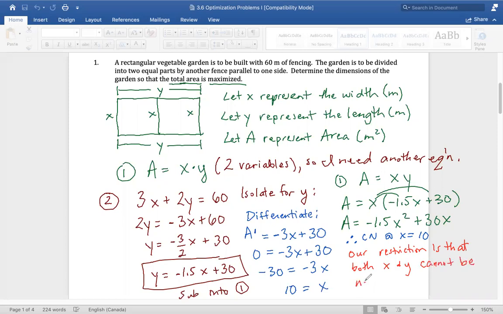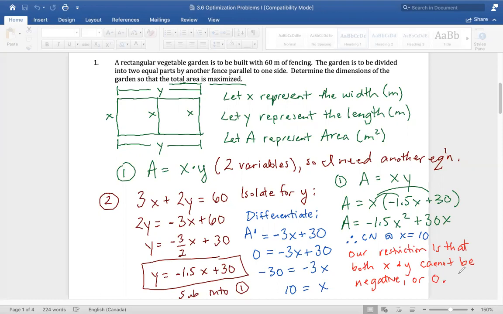But also, if we think about that a little bit further, not just negative, but can I have a width of 0? No, right? Then you wouldn't have a shape. Can I have a length of 0? That wouldn't work, right? So negative or 0, they have to be positive values. X and Y have to actually be positive numbers.